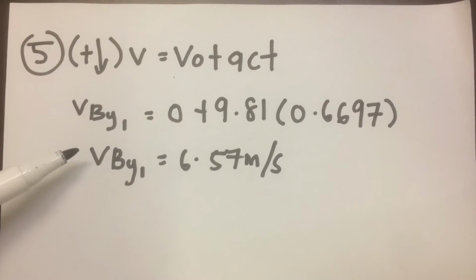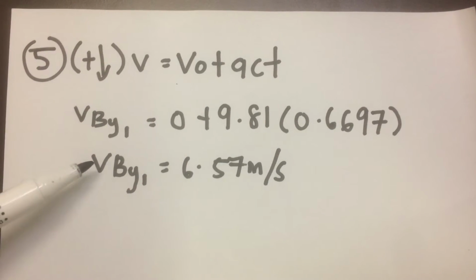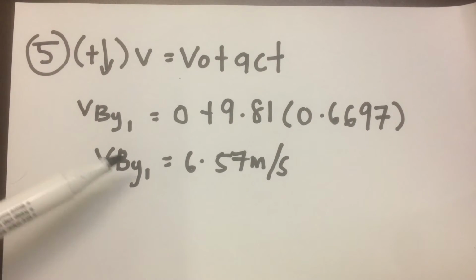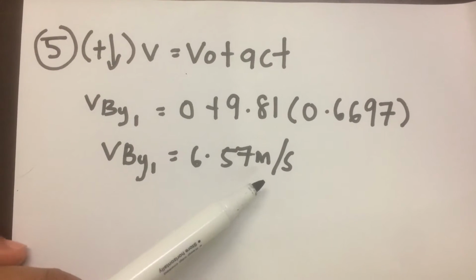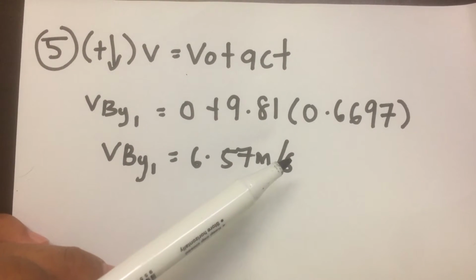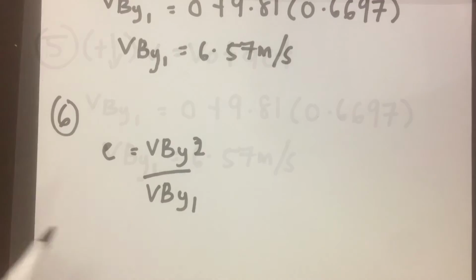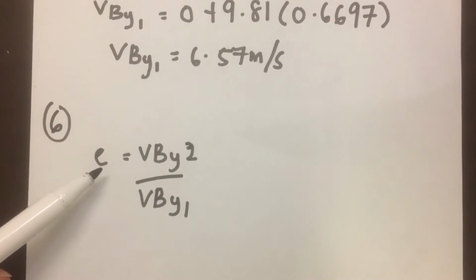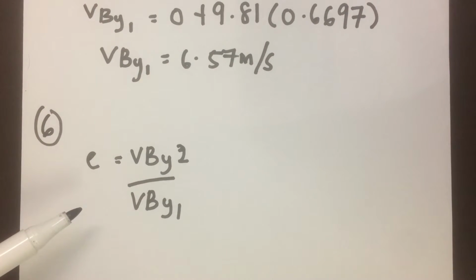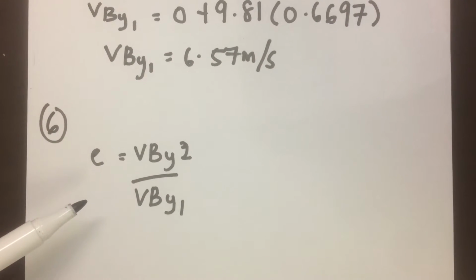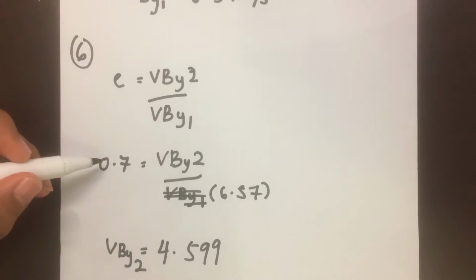When we solve it, we find the velocity VBY1 equal to 6.57 meters per second. From the equation of the coefficient of restitution, we can find VBY2.